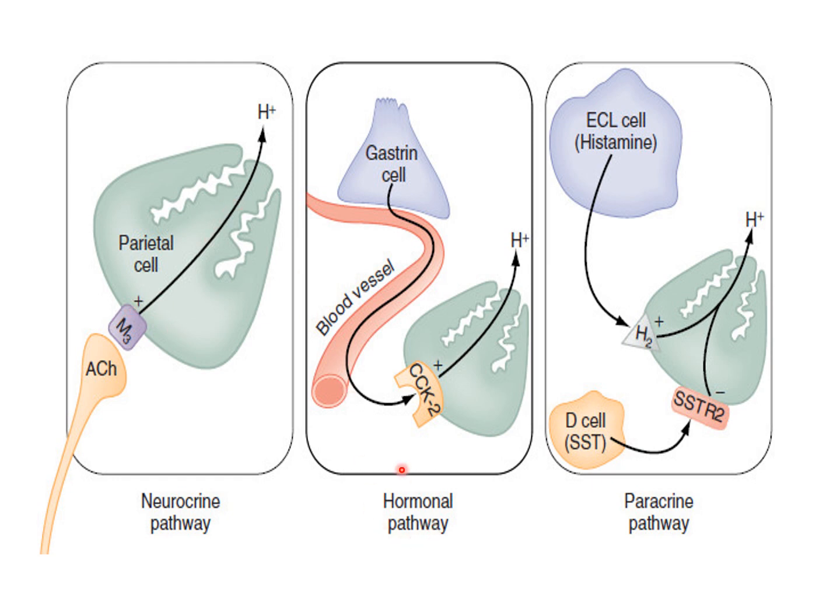In the second group, it is a hormonal pathway. Here the gastrin cells which are seen in our stomach mucosa secrete gastrin, which flows through blood and activates the CCK2 receptors seen in the parietal cell, and they will release H plus ion.